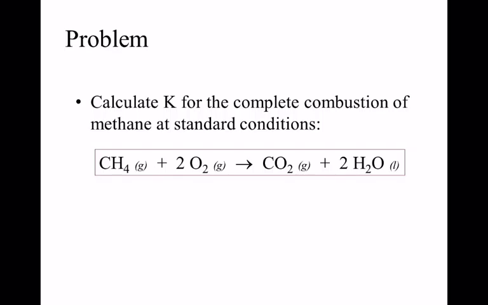Let's just say this is the combustion of methane. You burn methane and it goes to form carbon dioxide and water. Well, let's just say we can take random carbon dioxide and water and make methane and oxygen out of them. Interesting idea, just for now.